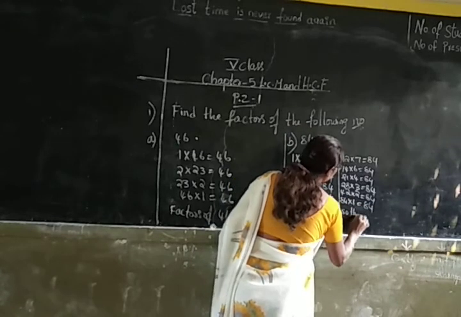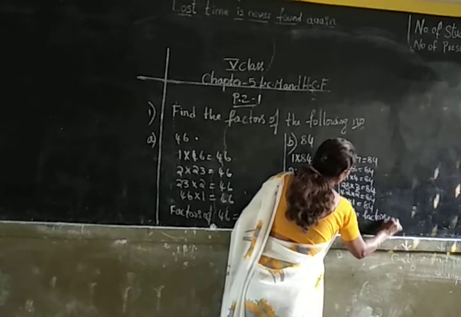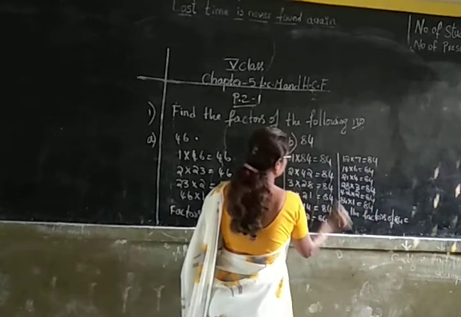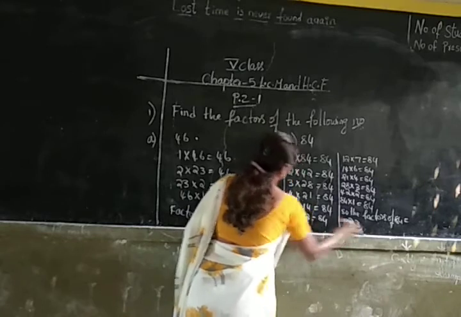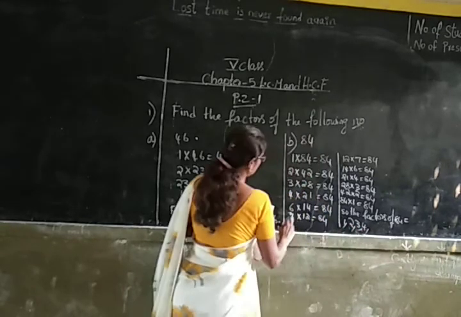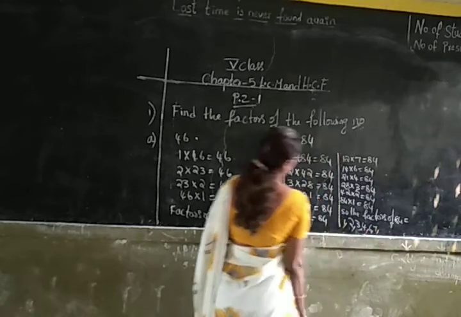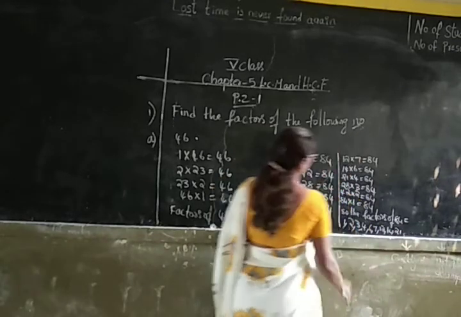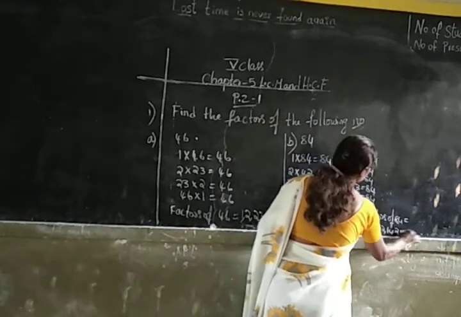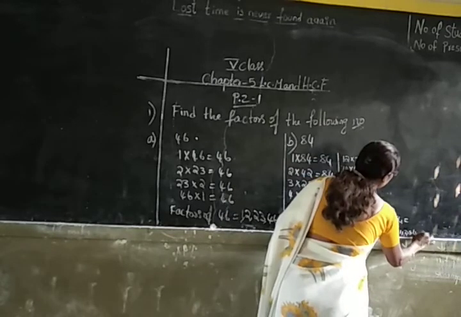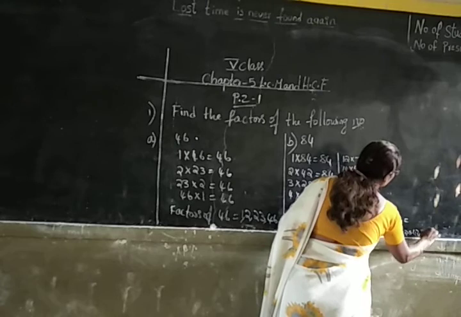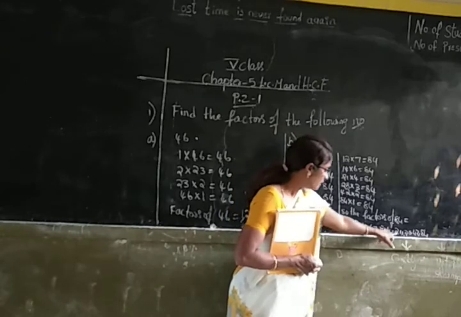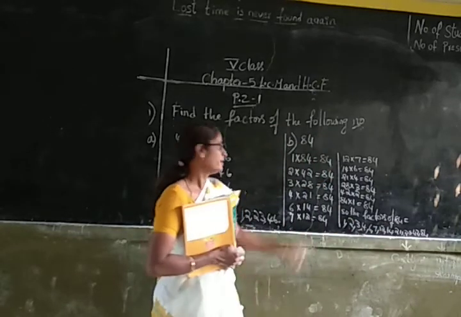So the factors of 84 are 1, 2, 3, 4, 6, 7, 12, 14, 21, 28, 42 and 84. So these are the factors of 84.